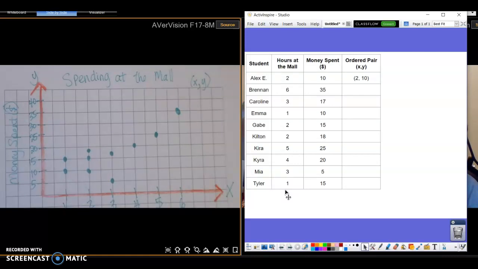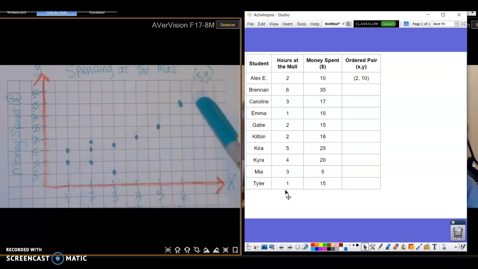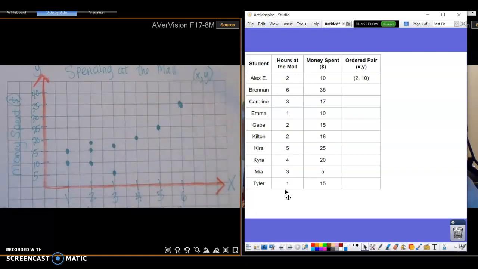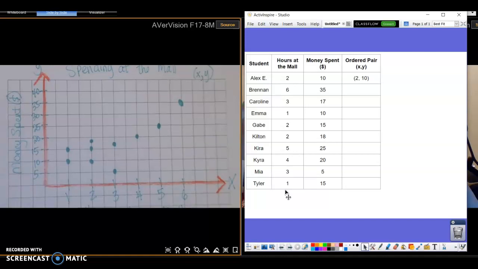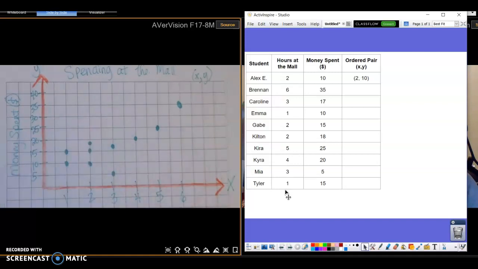But some of you mentioned the longer you're there, you probably will get hungry and maybe see other stuff that you'd like, so you would spend more and more money as you go. So in this case, it would be an increasing amount of money spent as the time at the mall goes on. This is our scatter plot for this information.